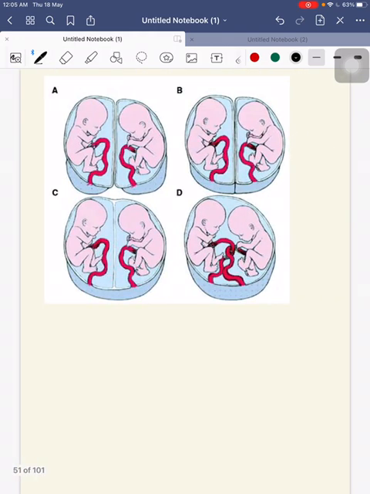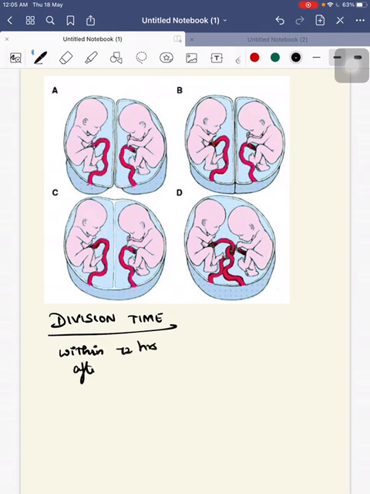Next we will see how they are classified according to the day of their division. If the division happens within 72 hours after the fertilization, they are called dichorionic and diamniotic.